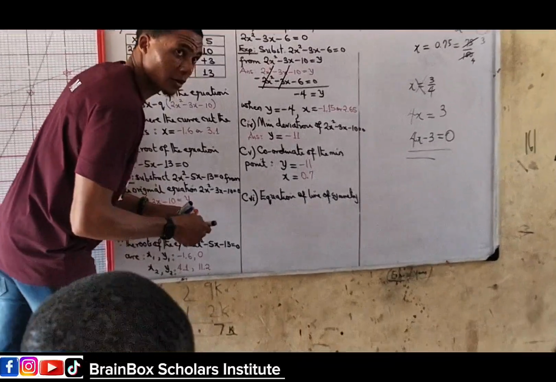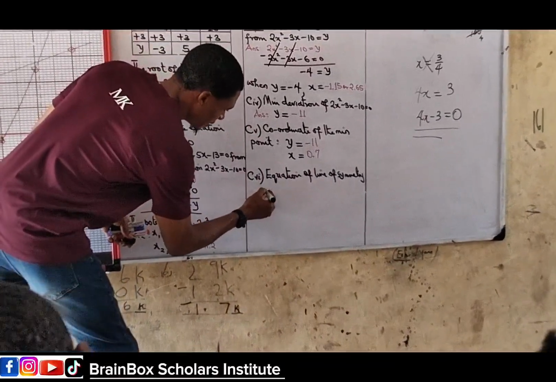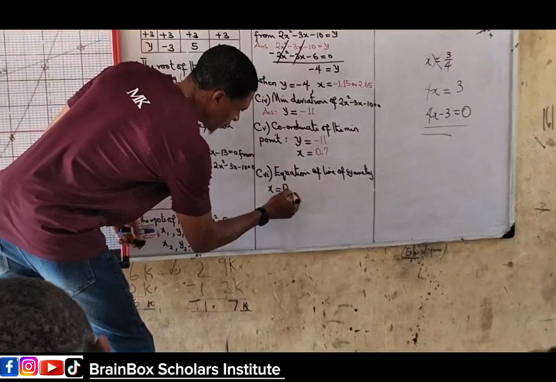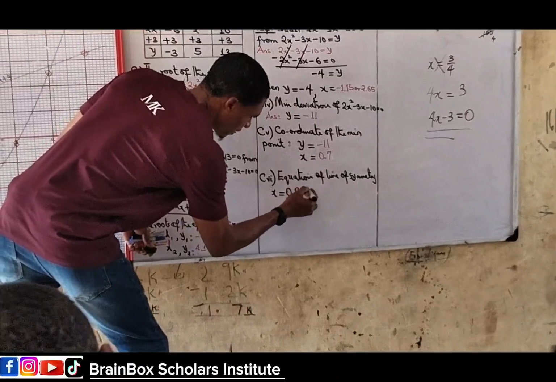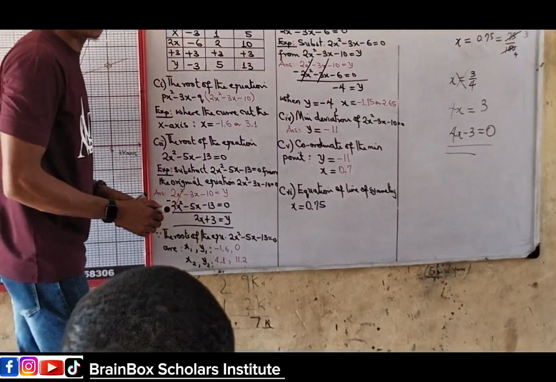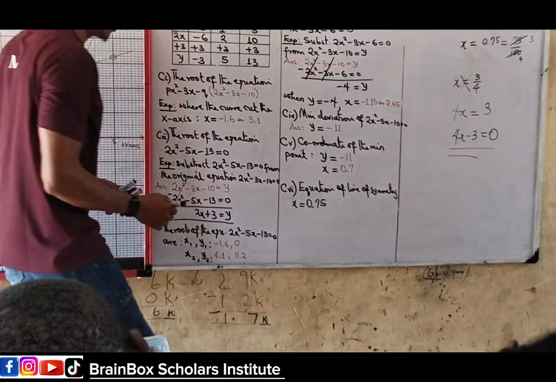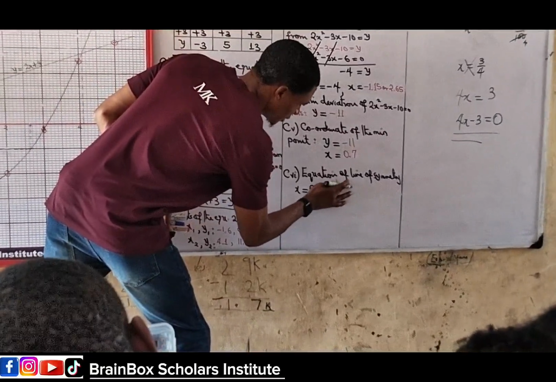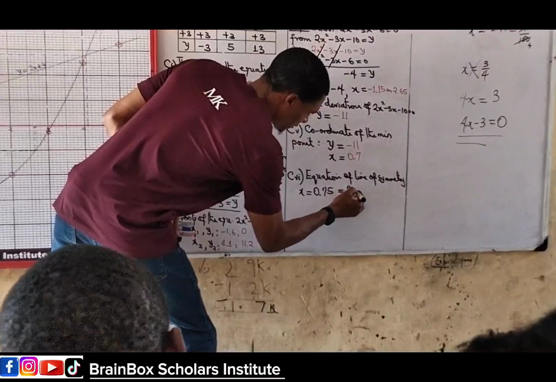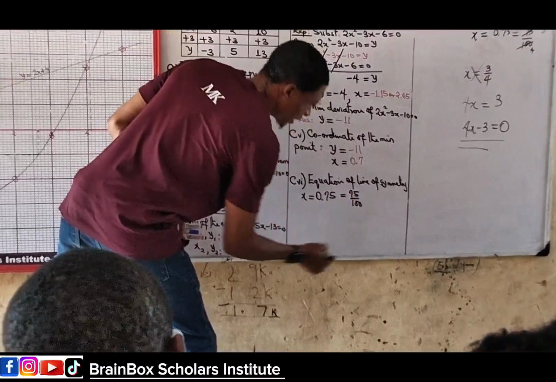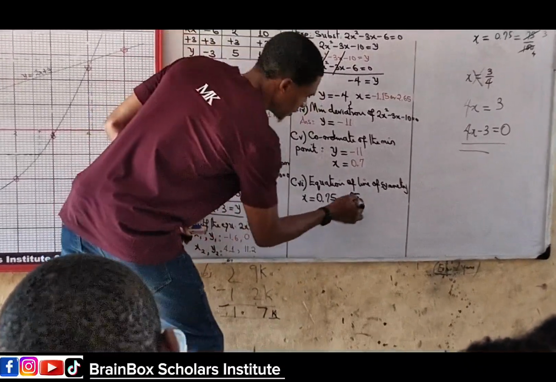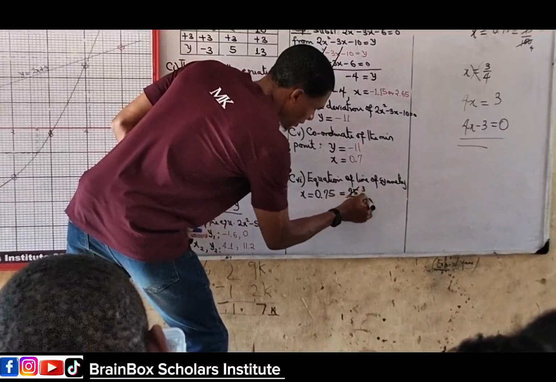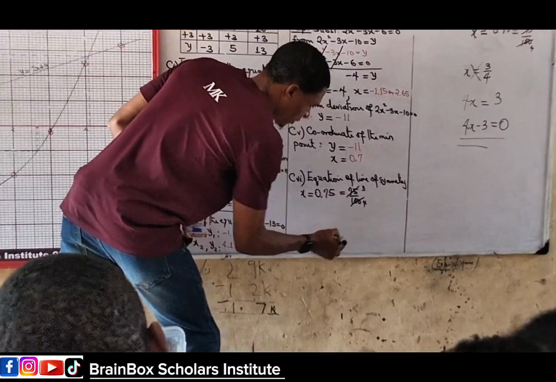So x becomes equal to 0.75. I want to get the equation now. If I change it to a fraction, it becomes 75 over 100. 25 goes here, you have 3. 25 goes here, you have 4.